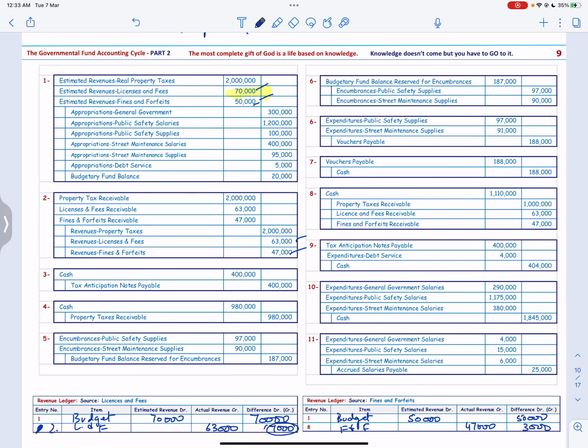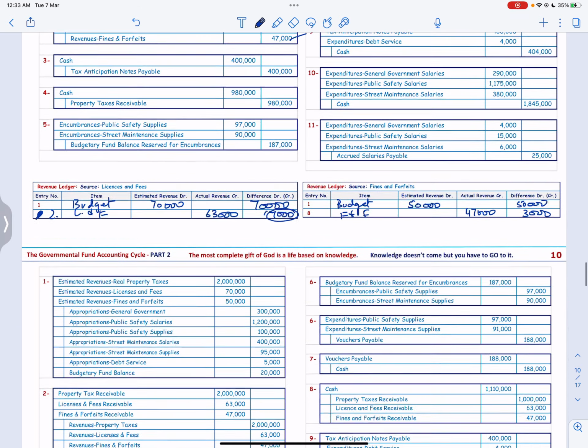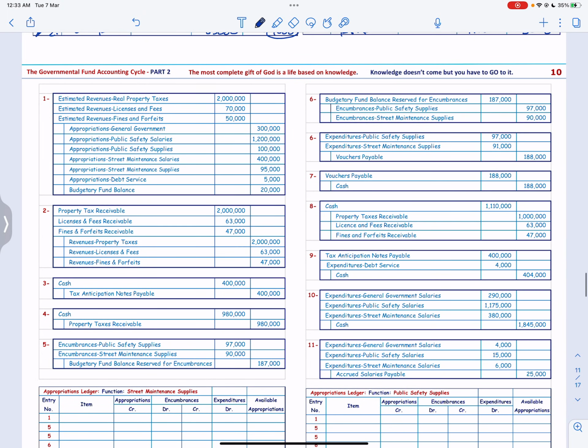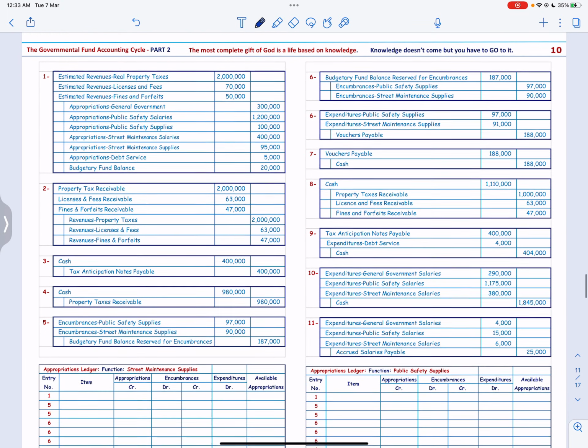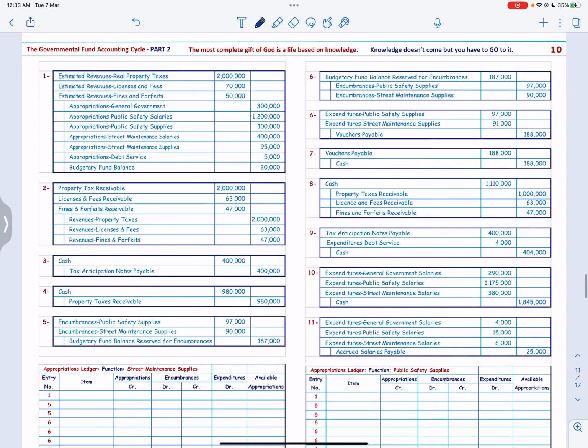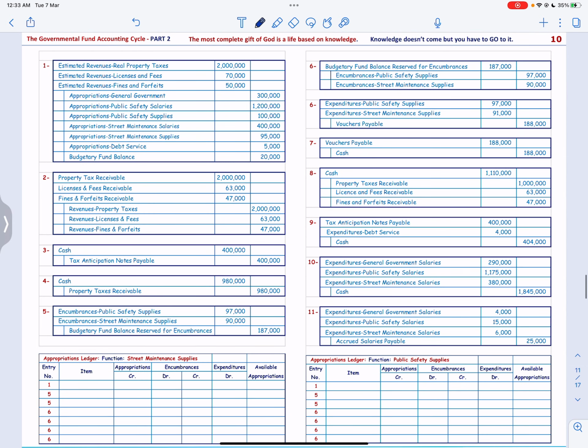Next, we are going to prepare the budgetary control ledger for appropriations, and in this question you can see there are two appropriations.